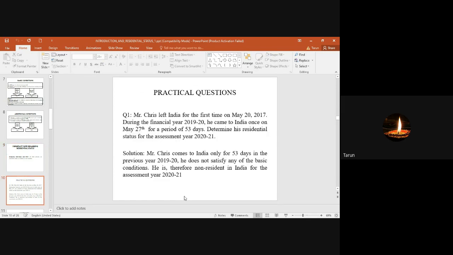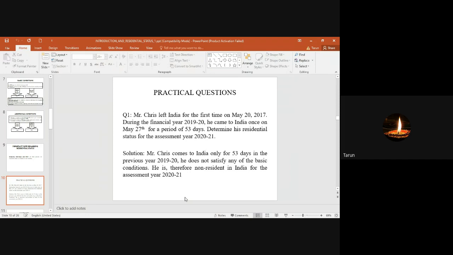So let's talk about the practical question, to know whether a particular individual is a resident, ordinary resident, or not ordinary resident. Let's read the question. Mr. Krish left India for the first time on May 20, 2017. During the financial year 2019-20, he came to India once on May 20 for a period of 53 days. When determining the residential status, you have to focus on how many days the individual has resided in India.